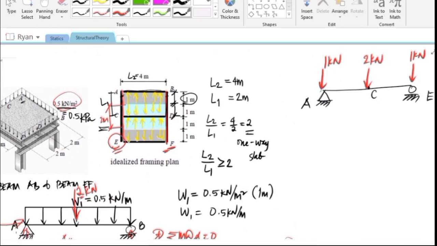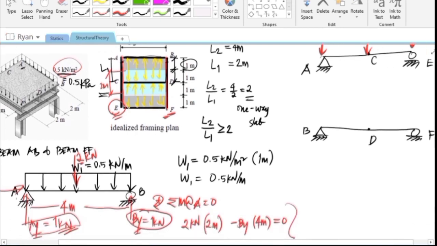The same thing happens in our girder BF. We have here the point B and here the point F. In the middle, this is where the load from the beam CD acts. So at B, we transferred BY, which is 1 kilonewton.